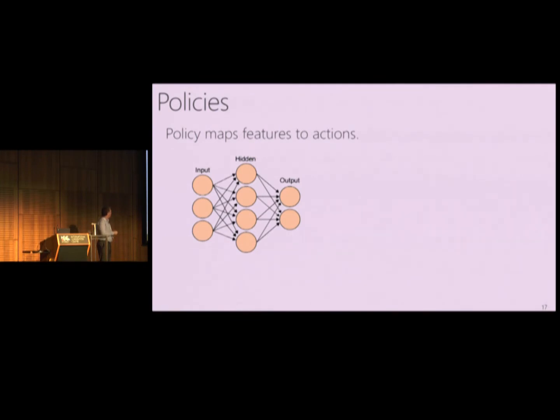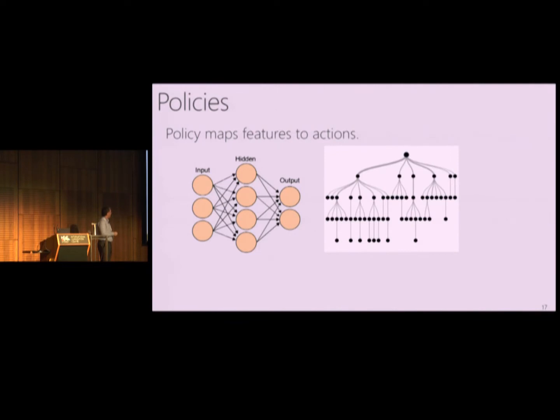You compute the value of each of these units in the neural network, you take the argmax, and that's your policy. Or maybe it's a decision tree, using the features, you descend to some leaf, and the leaf has some action in it, and you take that action. So a policy is essentially just a classifier that acts. That's all it's really meant by policy.